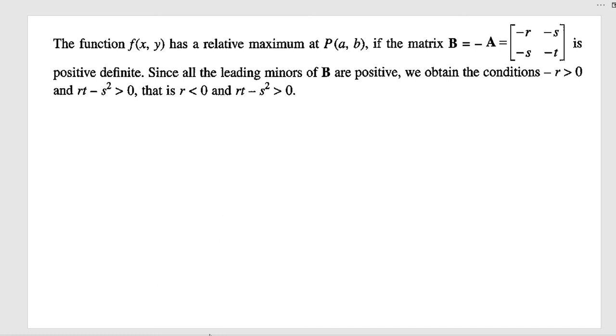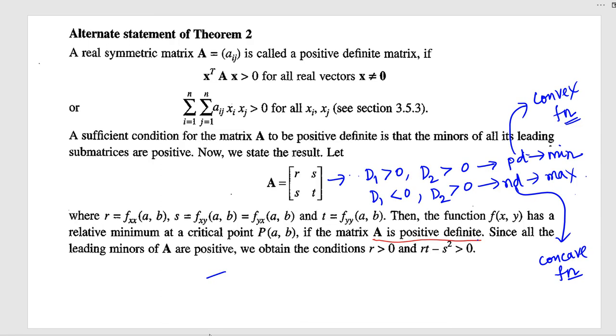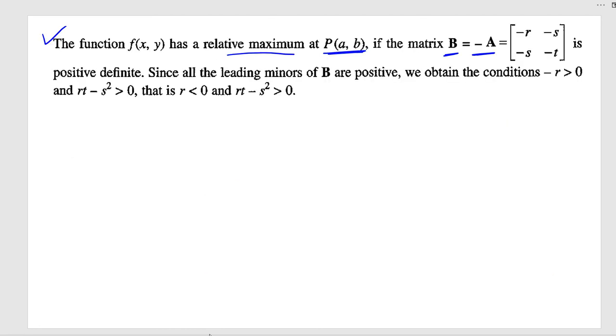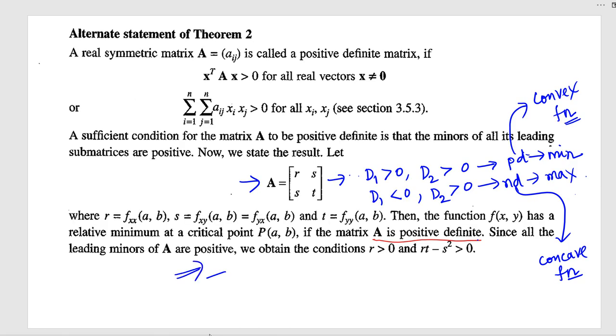Okay. So another form: the function f(x) has a relative minimum or a relative maximum at that particular point (a, b) if the negative of A, the Hessian matrix defined as this, satisfies another statement. But if you remember only one statement, that is sufficient.